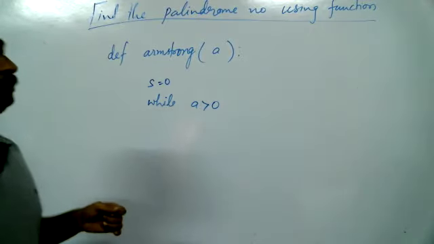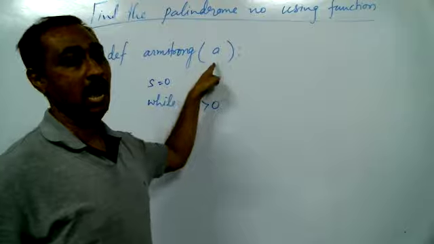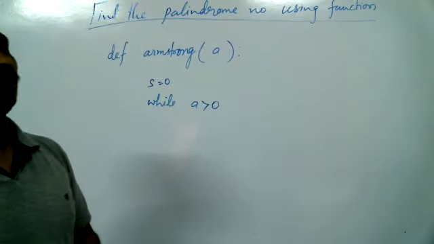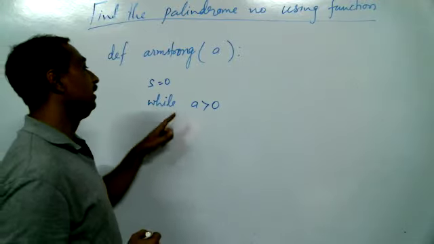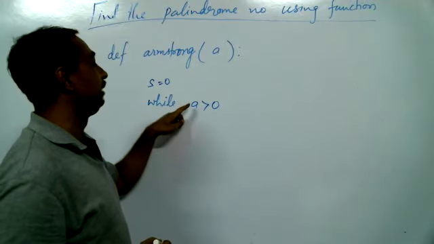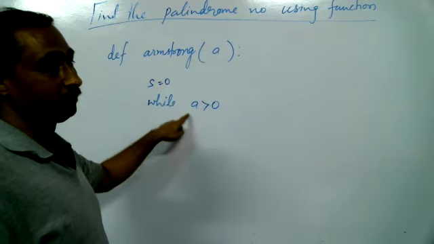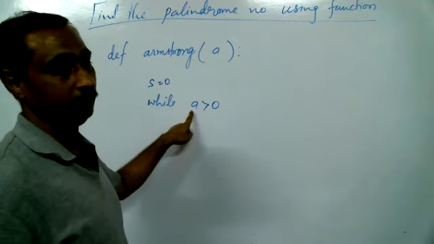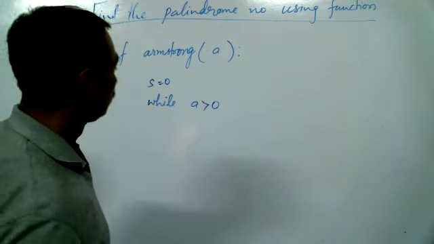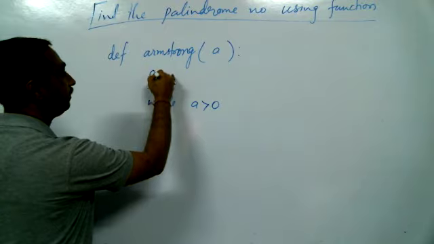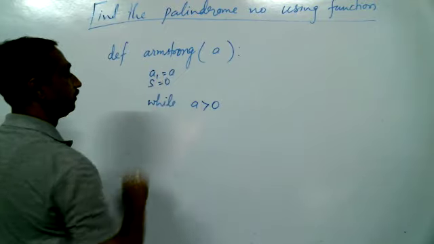And because this variable has to be compared with the sum of cube of digits of the number, that's why we have to create a duplicate copy of this number. Because after this loop, this number will become 0.